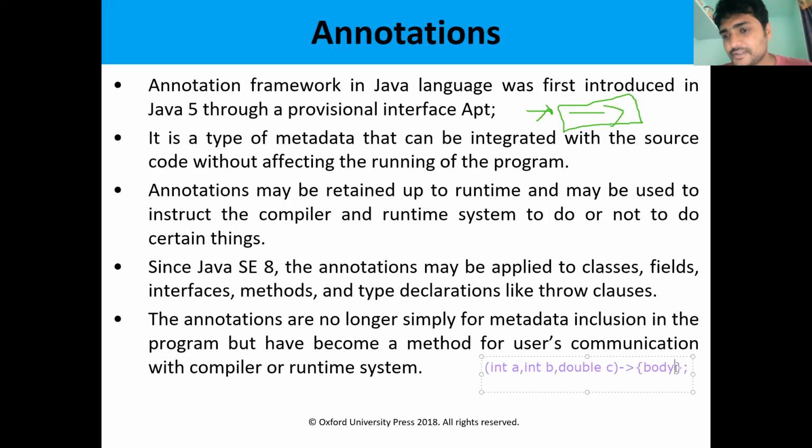Within this brace, we can have any number of lines: line 1, next line 2, next line 3. That means any number of statements can be included within the body of the lambda function. In general, a lambda function has 2 or 3 statements, not more than 3 or 4, but there is no limitation to give a fixed number.